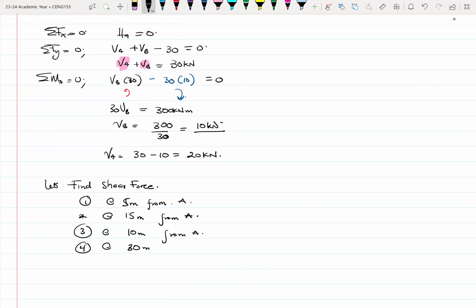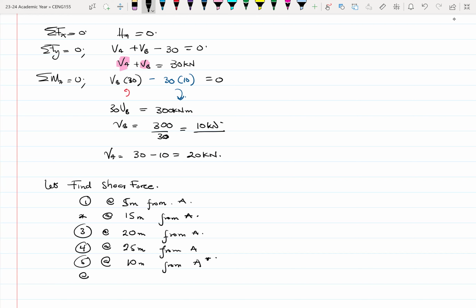Do I have 20 in there? So let me do 15, 20, let me do 25, all from point A. Then let's do 10 meters, because that is an important, critical point.